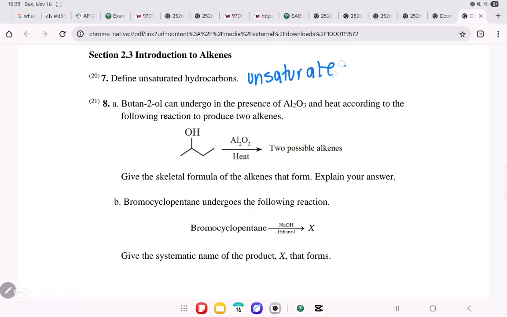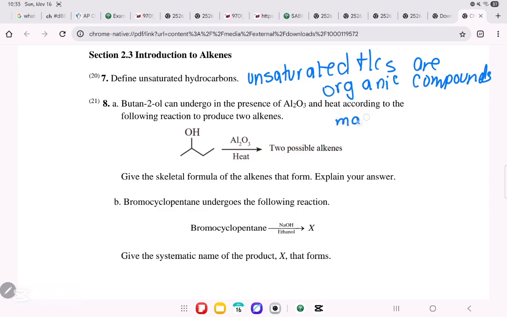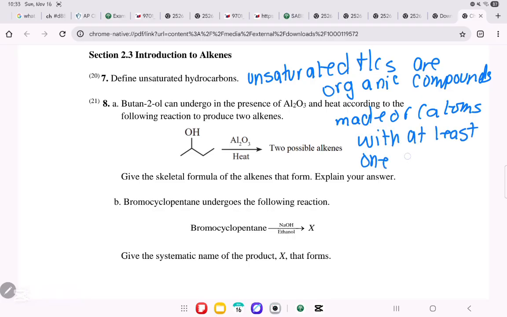Unsaturated hydrocarbons, HCs meaning hydrocarbons, are organic compounds made of carbon atoms with at least 1 carbon-to-carbon pi bond, which is either a C double bond C or a C triple bond C, okay?